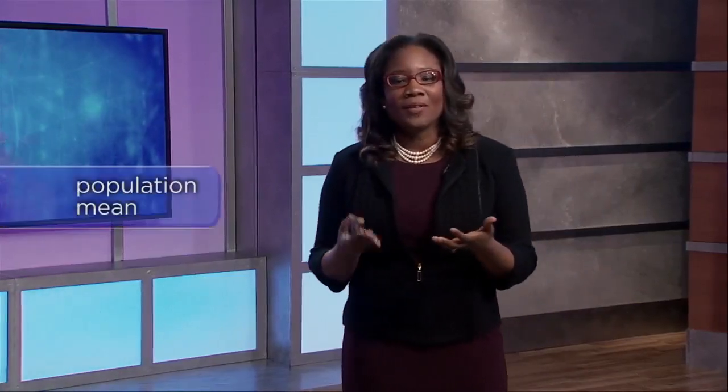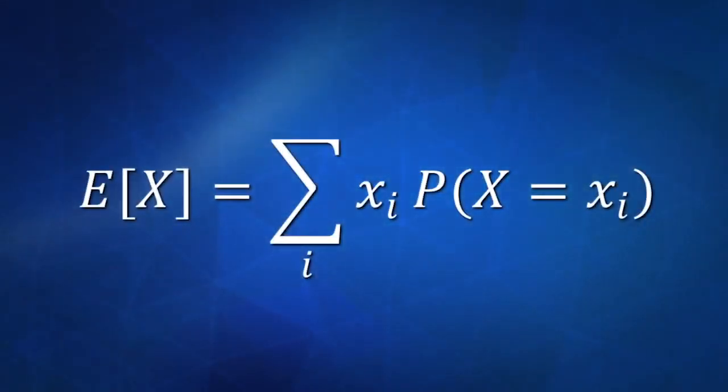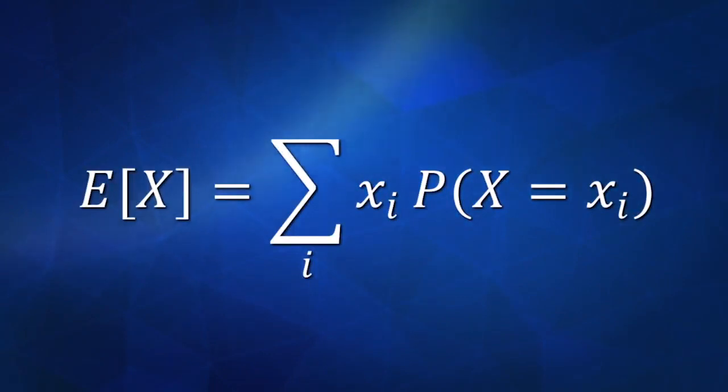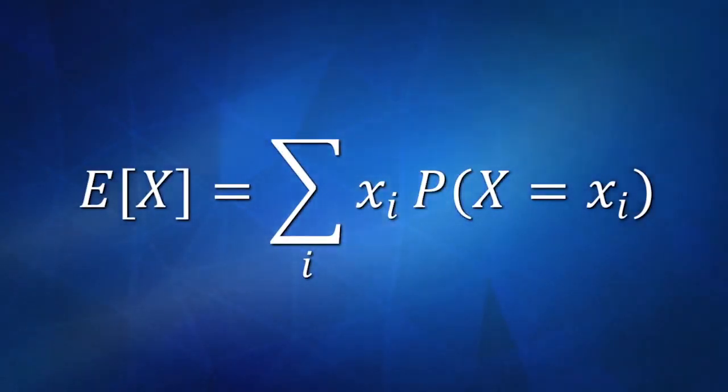It's also called the population mean because it's the value of the mean that we would get if we could enumerate the entire population of realizations of the random variable x. We write expected value of x, or E of x, as the sum of xi times the probability that x equals xi.